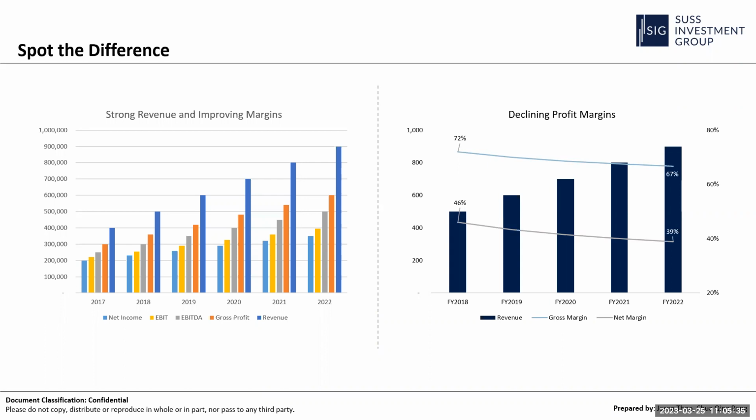And now you look at it, this chart actually tells a very different picture. If you look at the left chart, it doesn't tell you what exactly is the margin. But now when I do a line chart, you can easily tell the gross margin declines from 72% to 67%. So in that case, I'm actually telling you a lie using my first chart. I'm telling you that the margins are improving, but actually, if you do the math, you can easily tell that the margins are declining on a year-on-year basis.